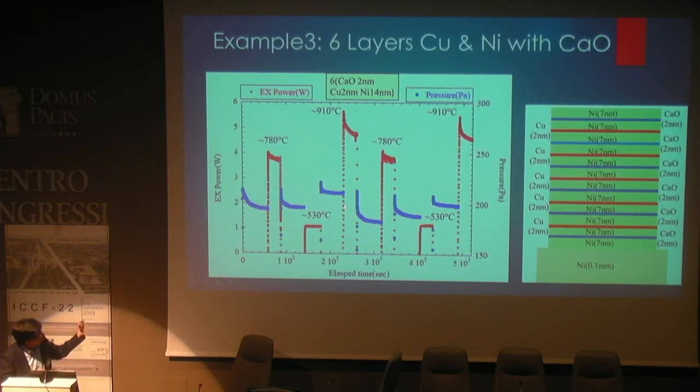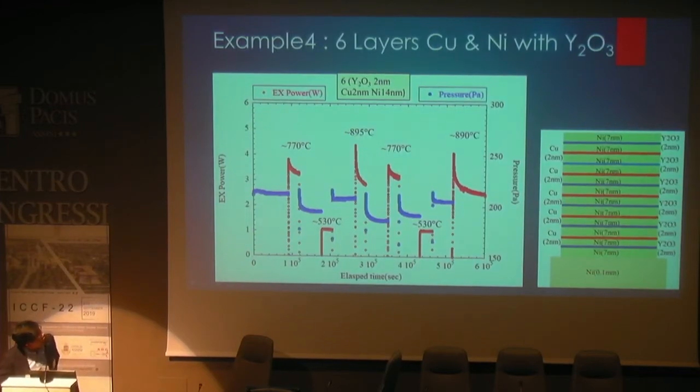And also, absorption rate is a little bit down. And next one is 6 layers of copper and nickel with Y2O3. In this case, excess heat is less than calcium oxide.